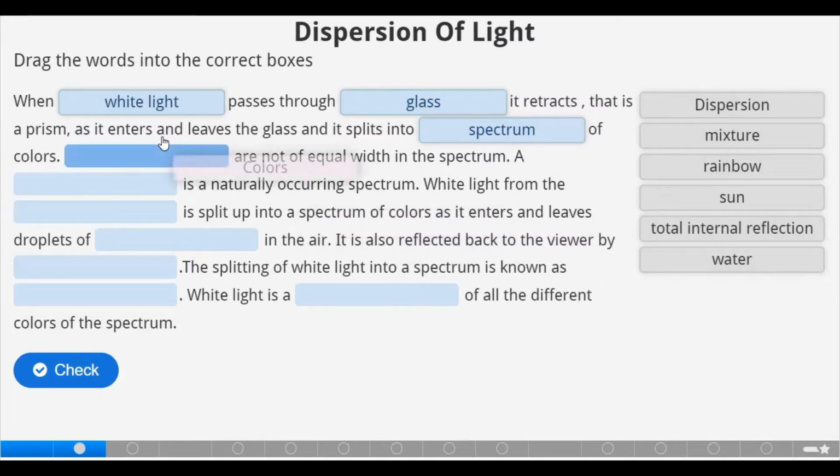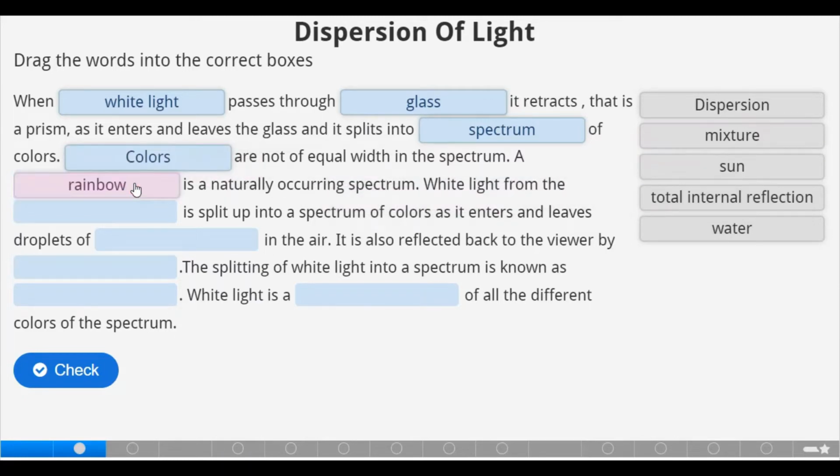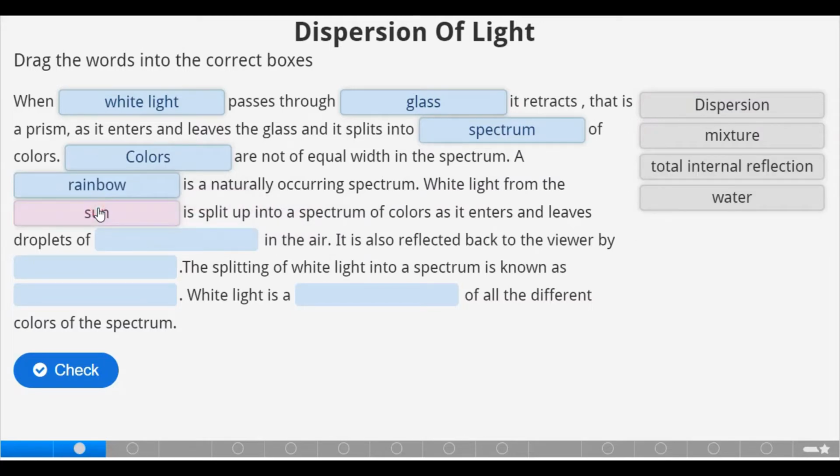Colors are not of equal width in the spectrum. A rainbow is a naturally occurring spectrum. White light from the sun is split up into a spectrum of colors as it enters and leaves droplets of water in the air.